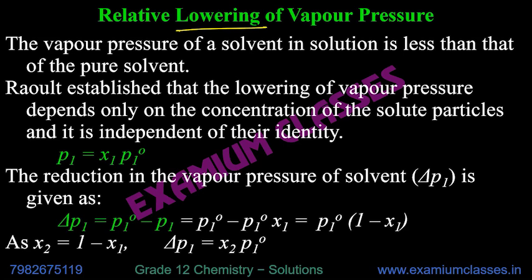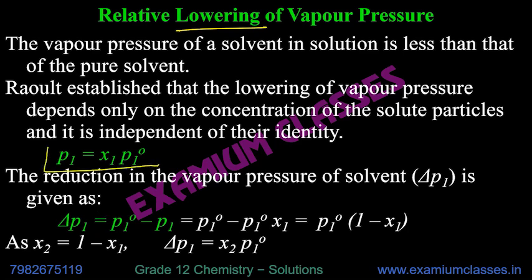Initially it was greater and finally it was lower. So lowering in vapor pressure will be initial minus final. Don't get confused that we calculate delta as final minus initial; here we use initial minus final because we are considering lowering.